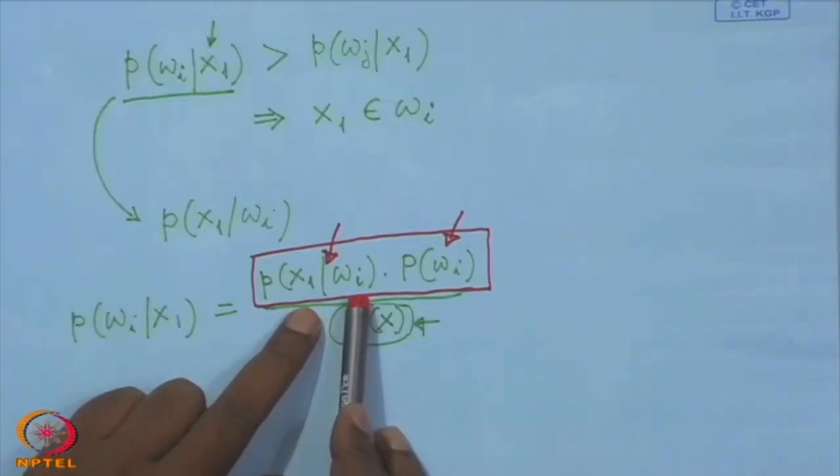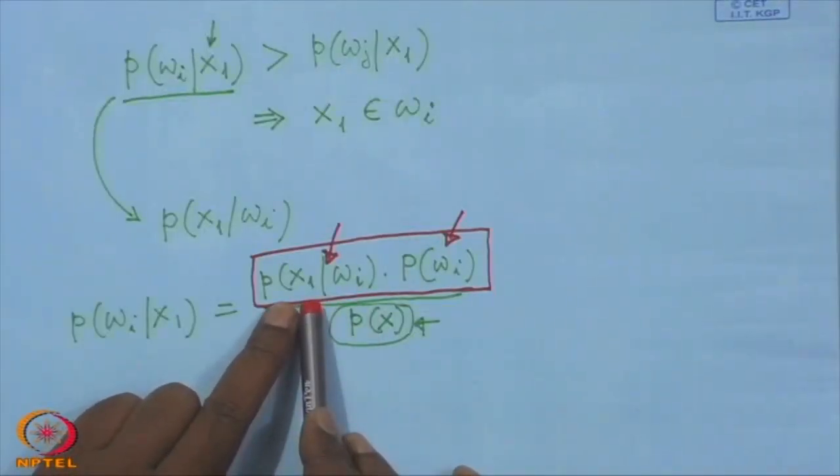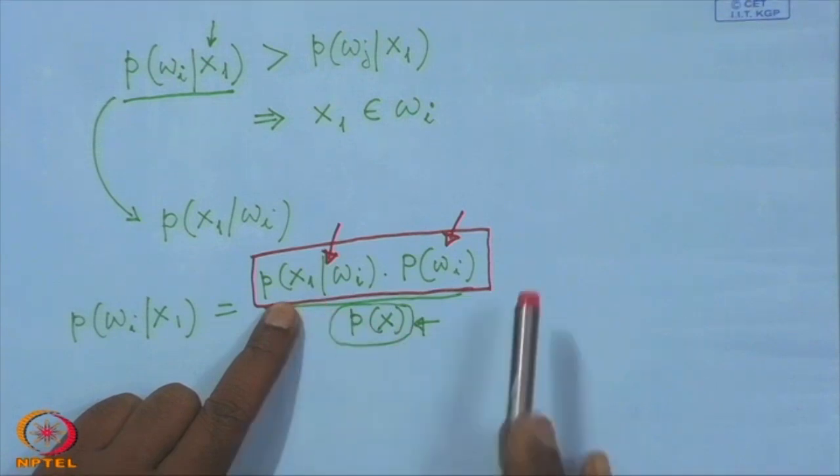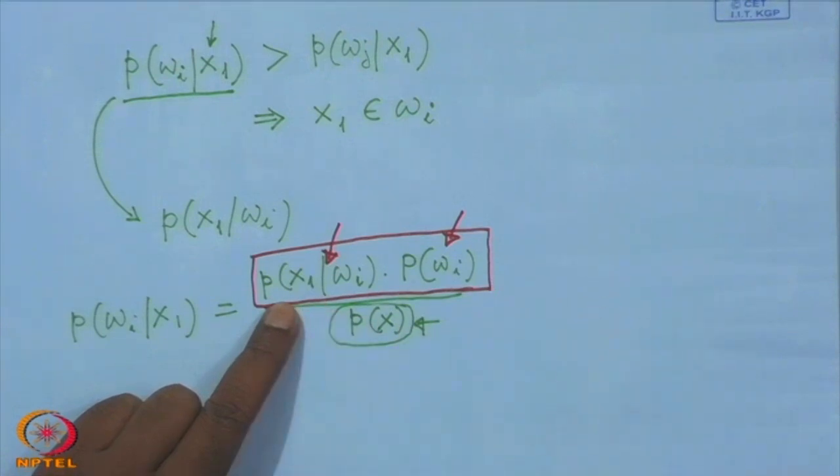So, my job will be to compute P of x 1 given omega I, where x 1 is an unknown sample, making use of the known samples which are provided for supervised learning.